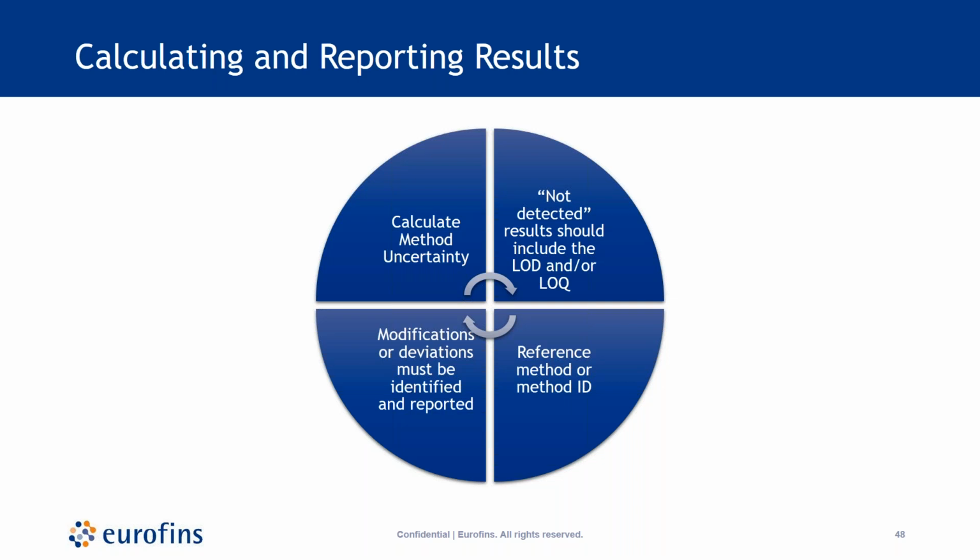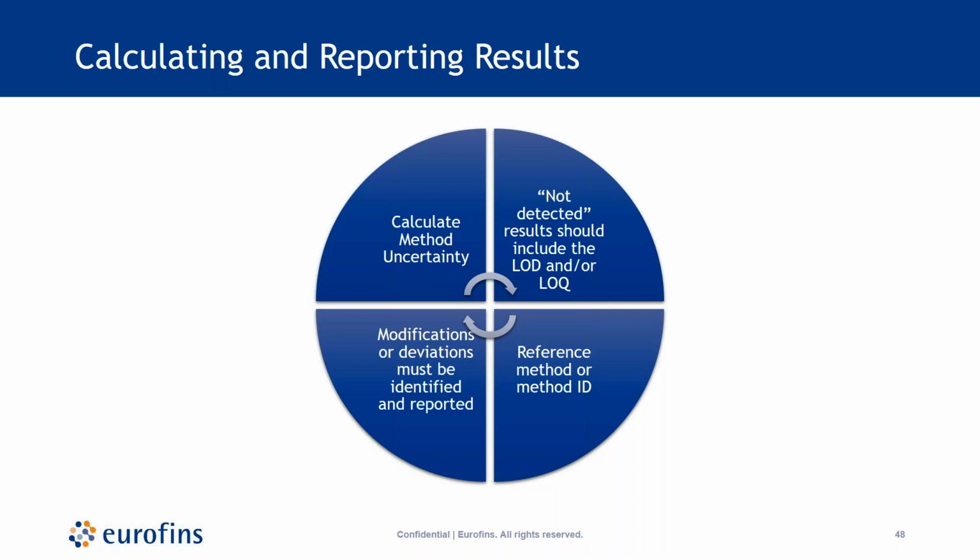control. Not detected results should include the LOD or the LOQ or some other descriptive information. A lot of customers will interpret not detected as absent, which is not the case. So it's important to make sure you put the limitations of the method on that report or in that certificate of analysis.